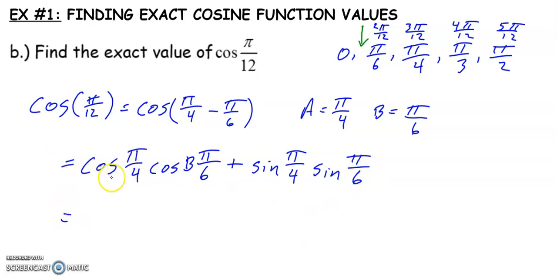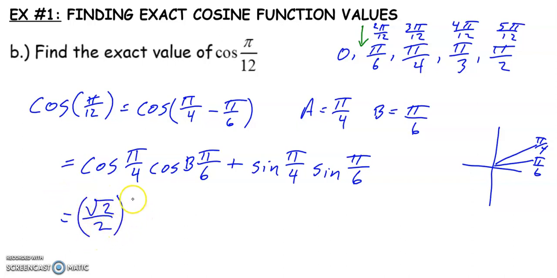The cosine of pi over 4 on our unit circle, because my first line up, that's going to be the pi over 6. Here's pi over 4. And if you remember our little tricks, the cosine of pi over 4 is radical 2 over 2 times the cosine of pi over 6.